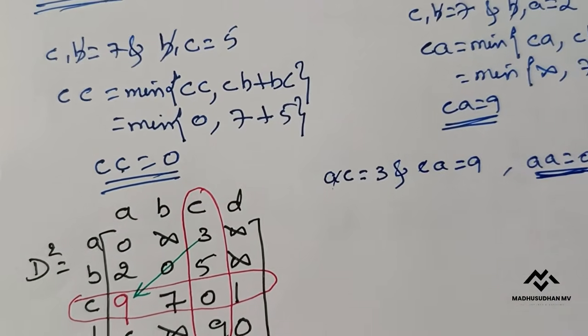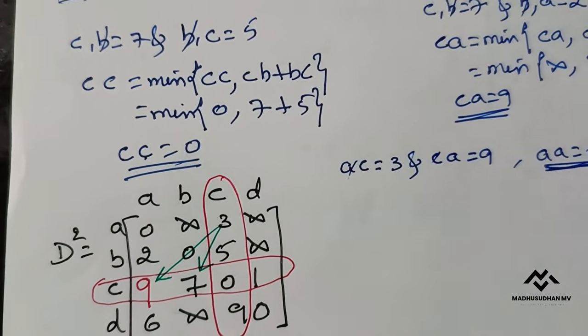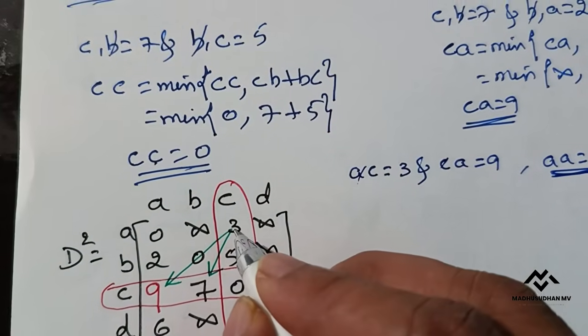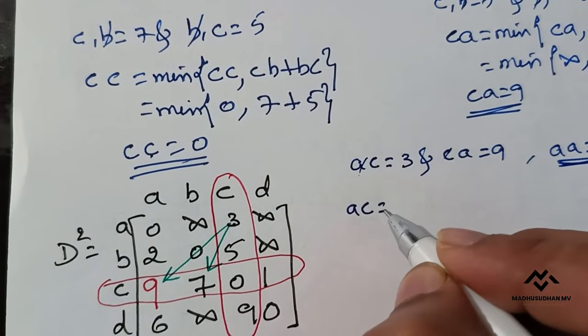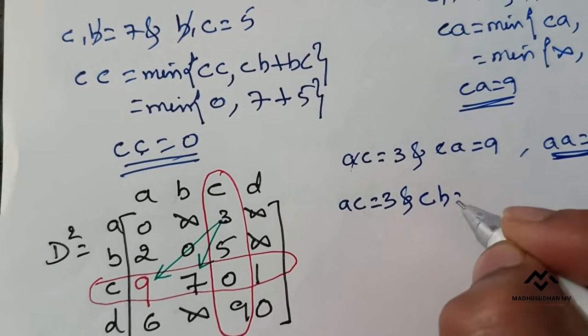Next I am comparing the same column value with this row value. This is the column value, A comma C is equal to 3, and this row value C comma B is 7.